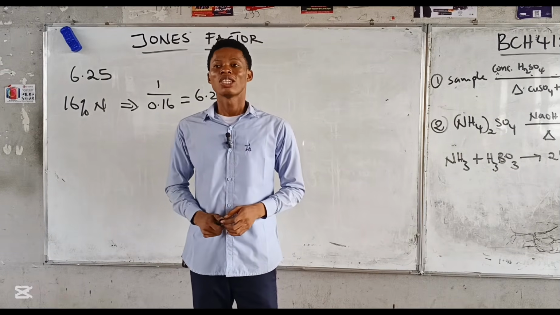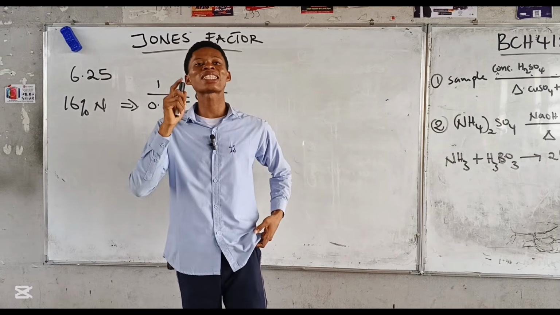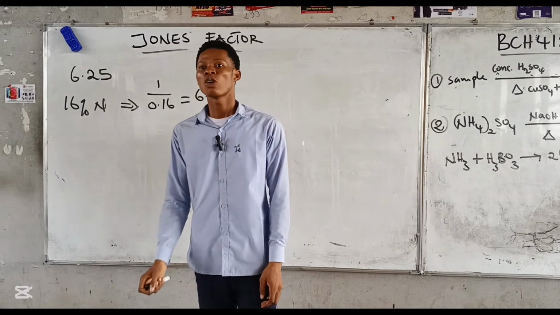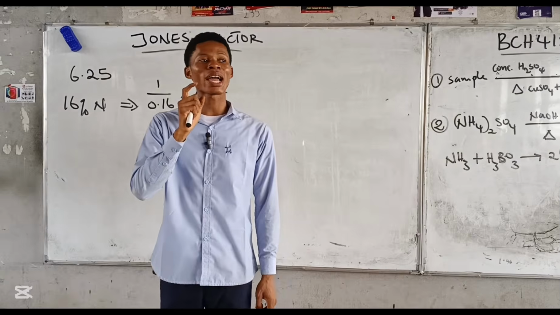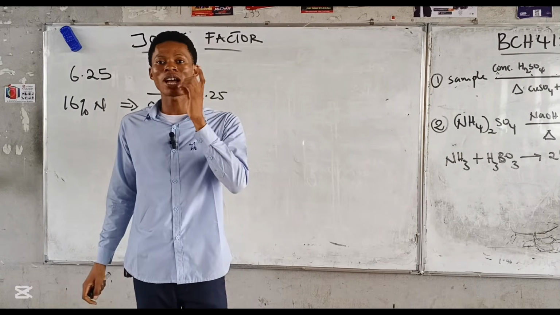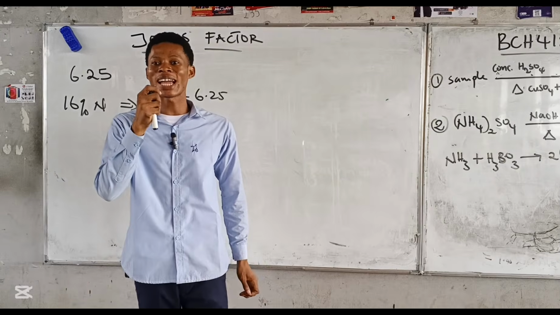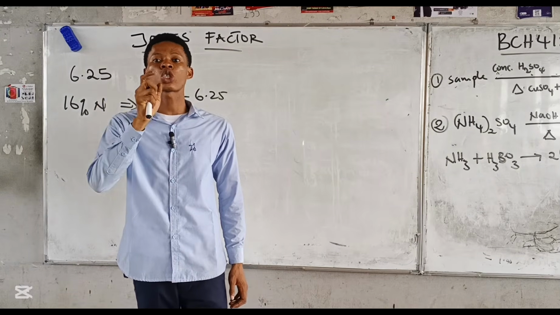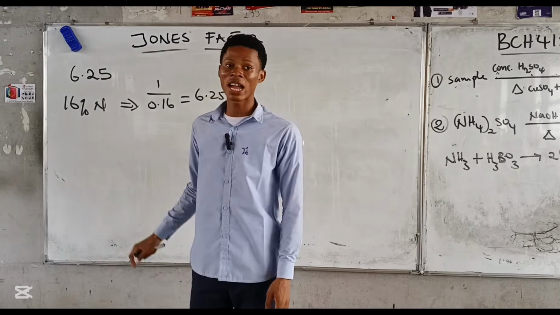So now they said instead of multiplying the amount of nitrogen by 6.25, we'll multiply by a conversion factor that is peculiar to that food substance. So if you go online now and type Jones factor, it is not just 6.25.